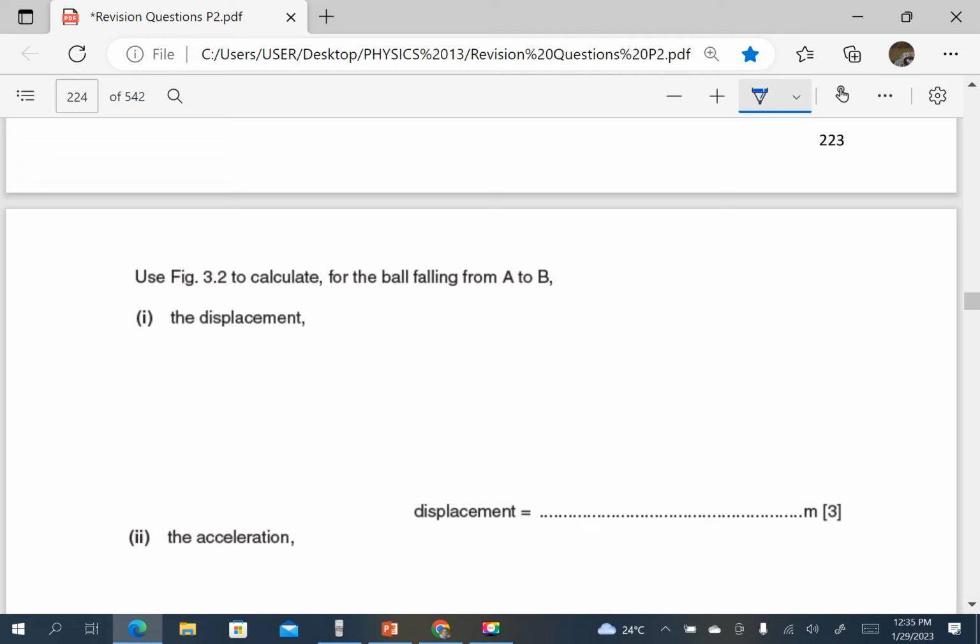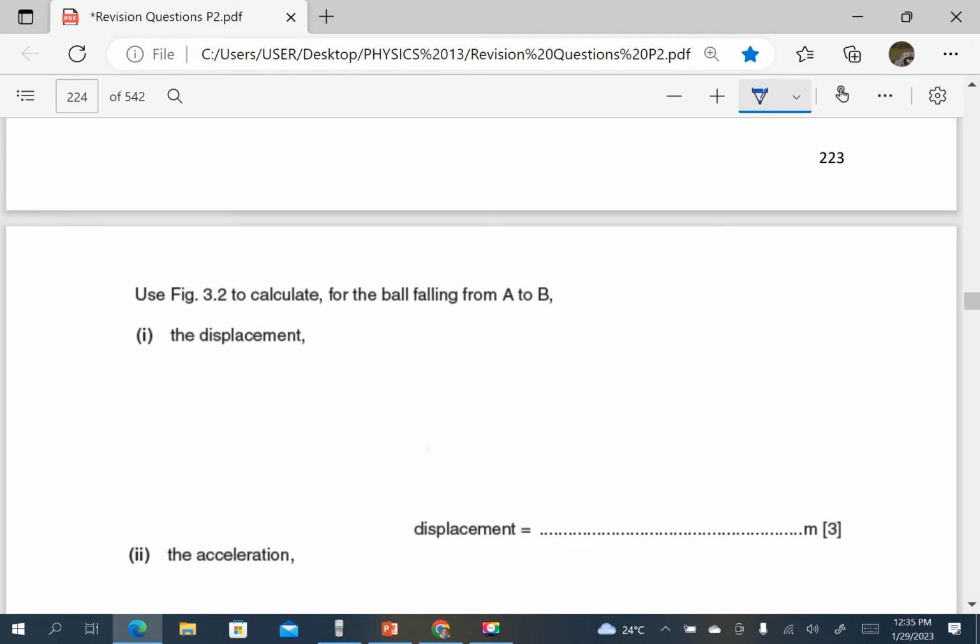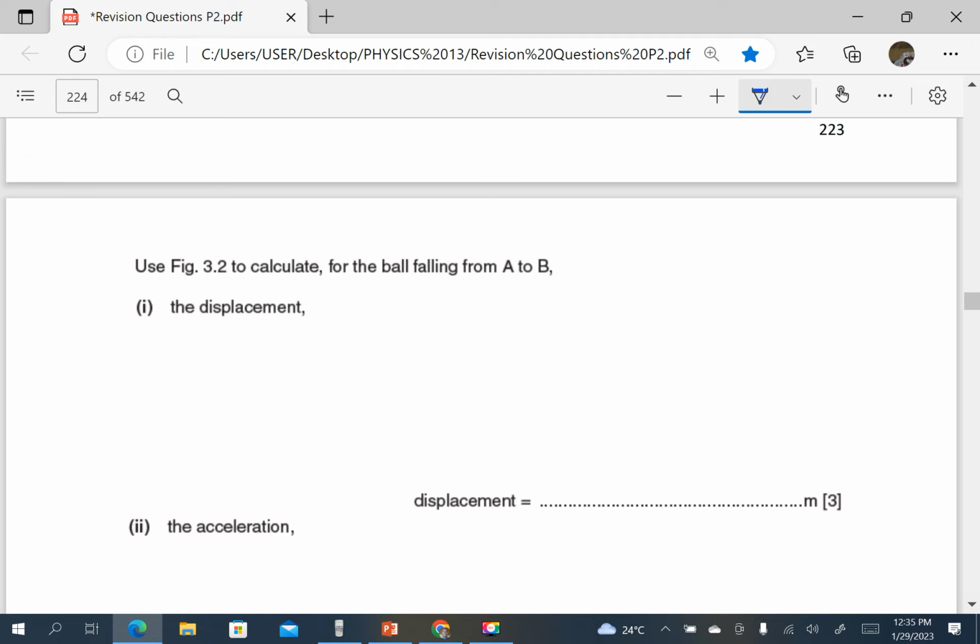So the graph was showing the speed from A to B. Now we want to find the displacement, so we can use equations of motion. The easiest I think is s equals a half times u plus v times t, because we want to find a displacement. So s is equal to a half. We have seen that u from the graph is 3.9 and v from the graph is 7.8.